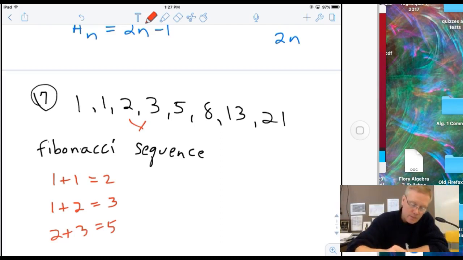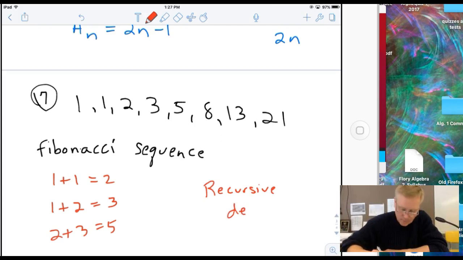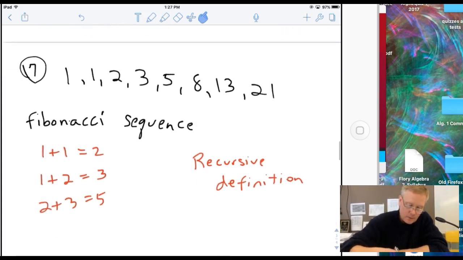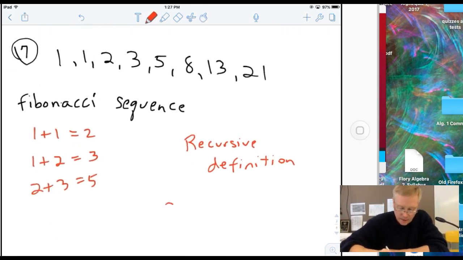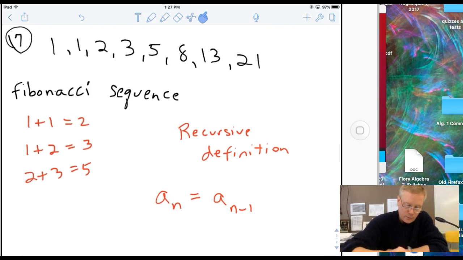You have to be able to recognize the pattern first. Add the two numbers before it, and you get the one after it. Which means, if I'm writing a recursive definition, so a recursive definition has an a of n, and it usually has an a of n minus 1. So this would be the number before it.